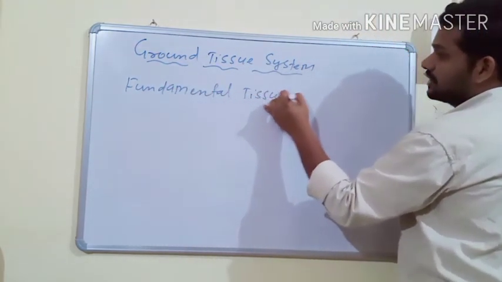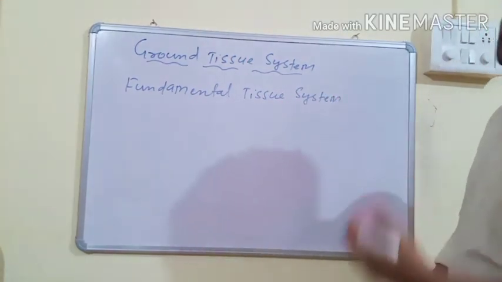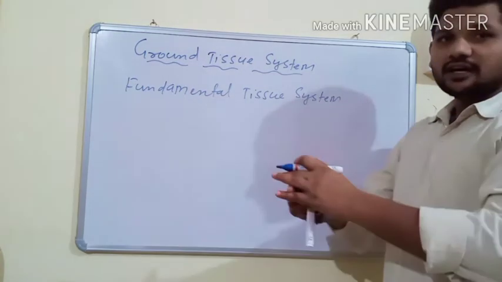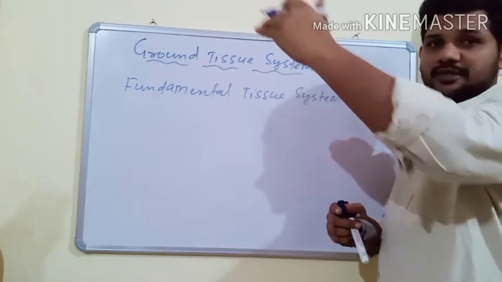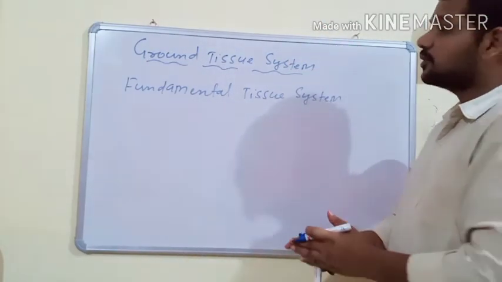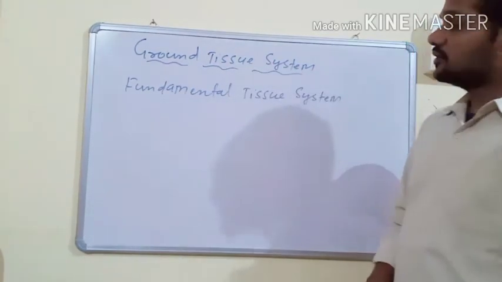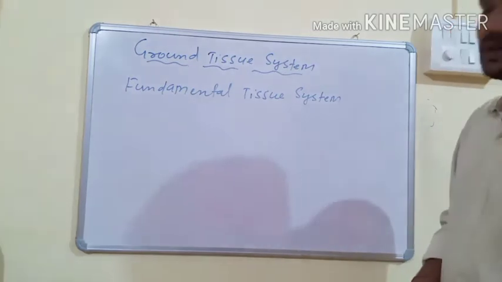It is called this because the whole interior of the plant body, except epidermis, xylem and phloem, is covered by the ground tissue system.